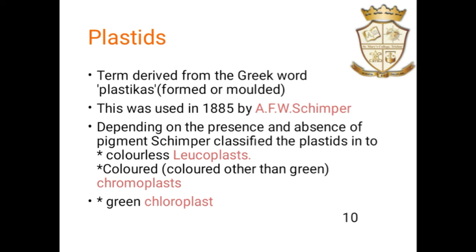Depending upon the presence and absence of pigment, Schimper classified plastids into three: the colorless, that is leucoplast; the colored ones other than green, that is chromoplast; and the last one, green, that is chloroplast. These are the three classes based on the presence and absence of pigment.